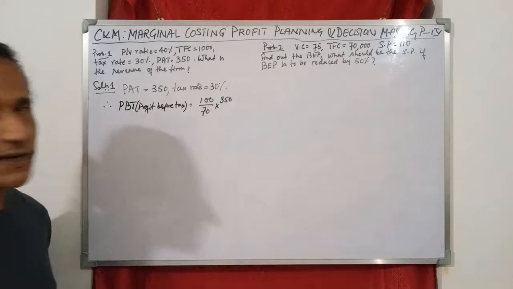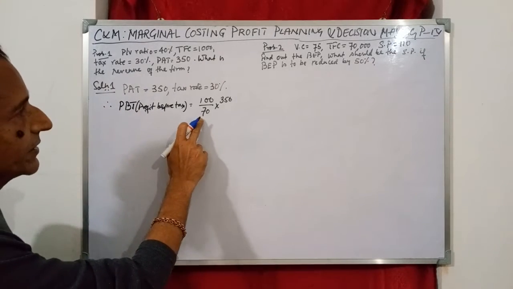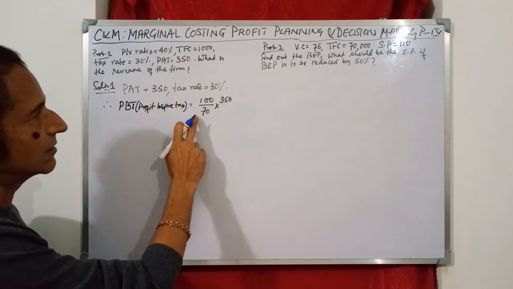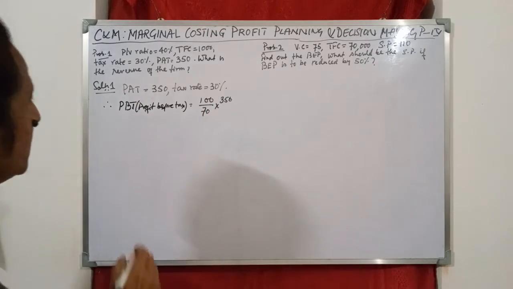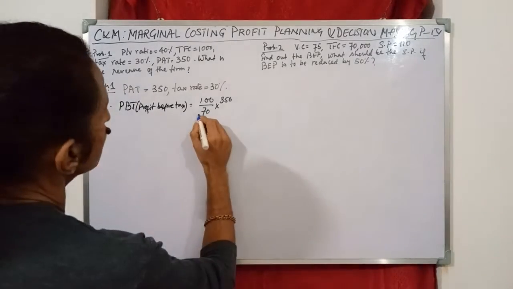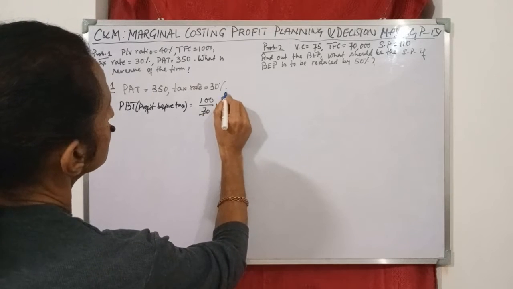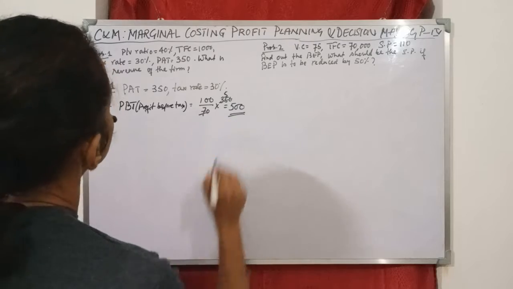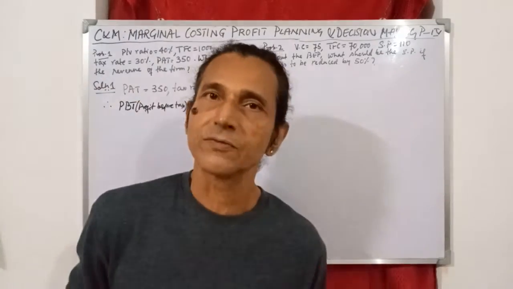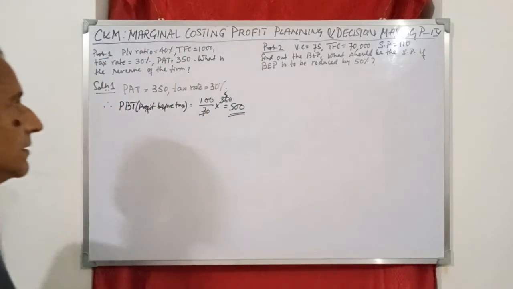Since tax rate is 30%, we have taken 70, so 100 over 70 into 350 is the PBT, profit before tax, and this comes to 500. So profit before tax is 500.